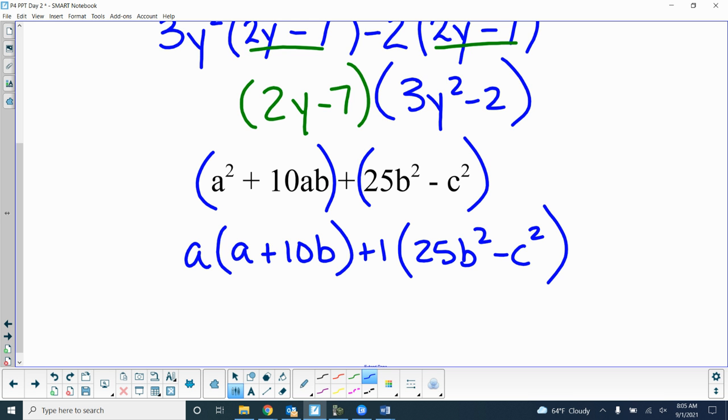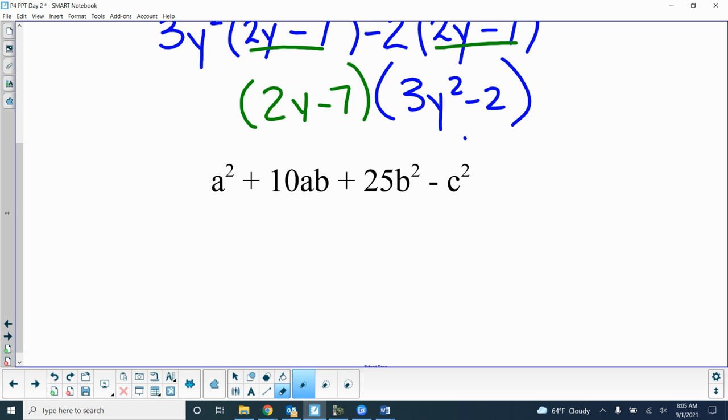we can group differently. We haven't done this yet. Any other ideas? We can't do first two, last two. Can we change the order maybe? Would that help?